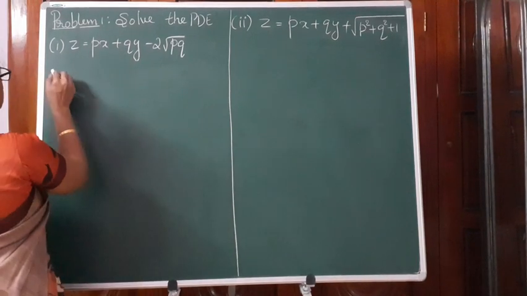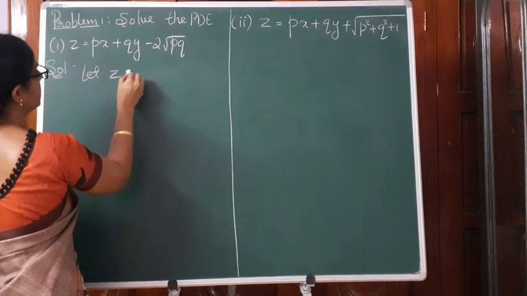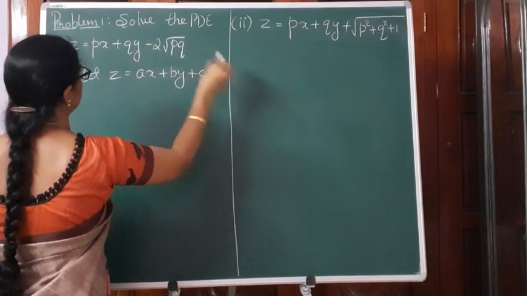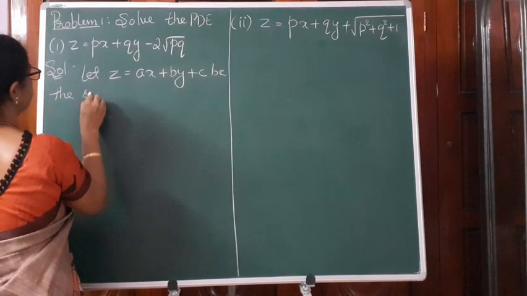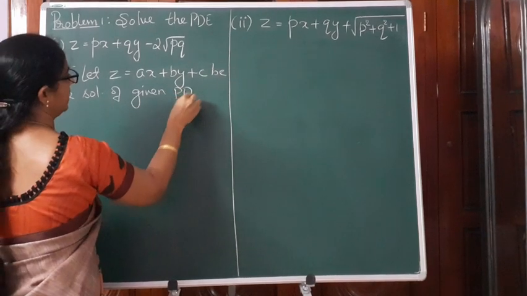So to find the solution, we assume the solution as z is equal to ax plus by plus c be the solution of the given partial differential equation.